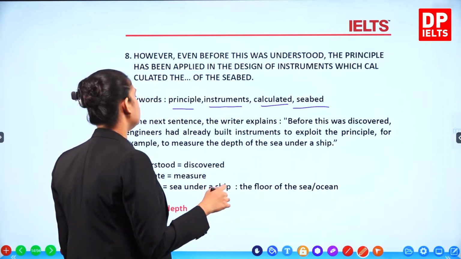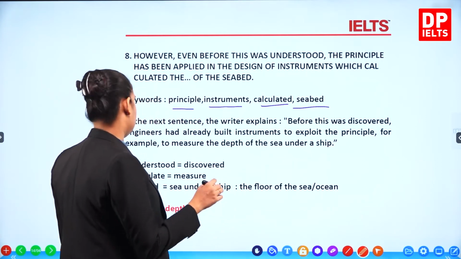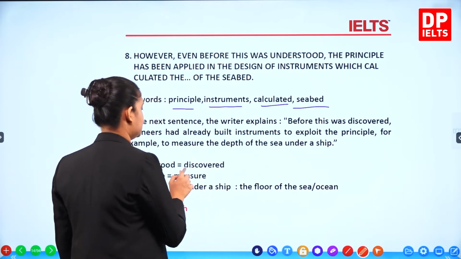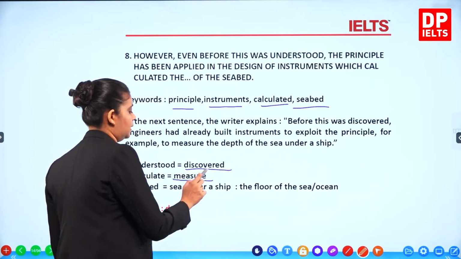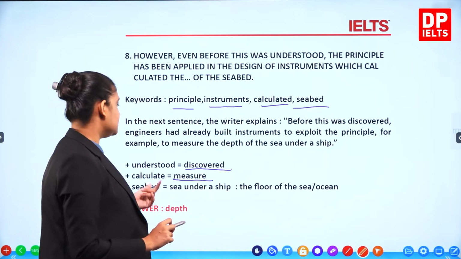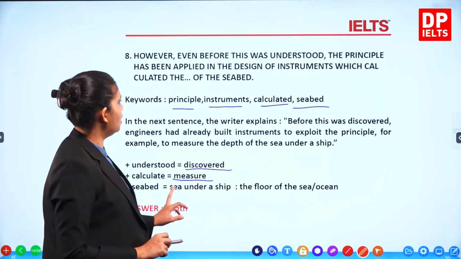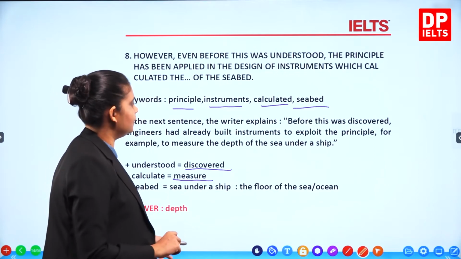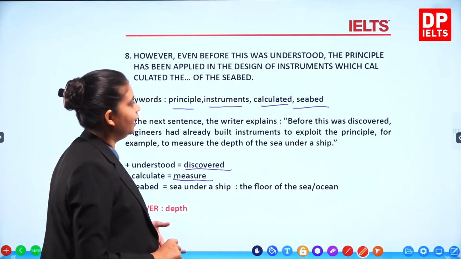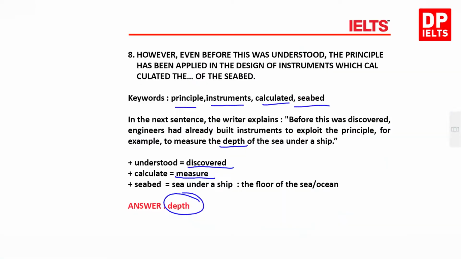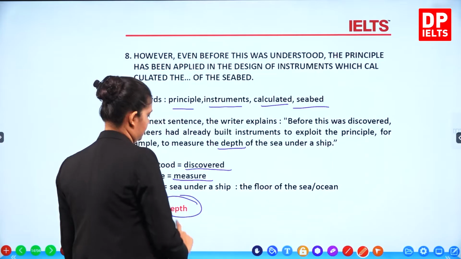For example, to measure the depth of the sea under a ship. So, understood means discovered, calculate means measure, seabed means sea under a ship, right? So, the answer here, calculated the what? Depth. Okay, here depth is the answer.